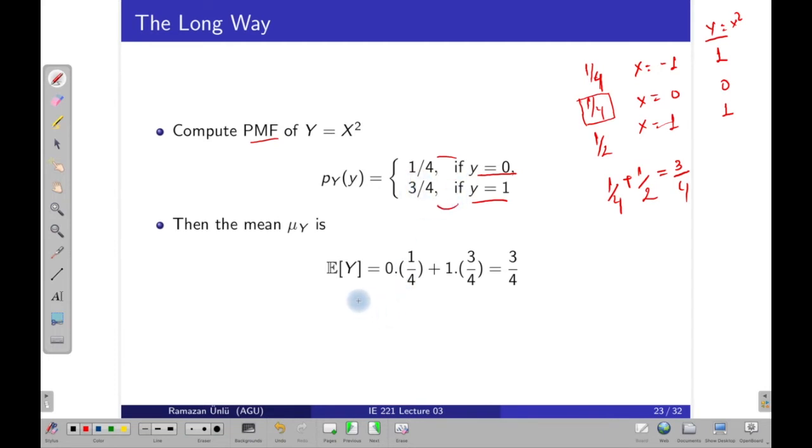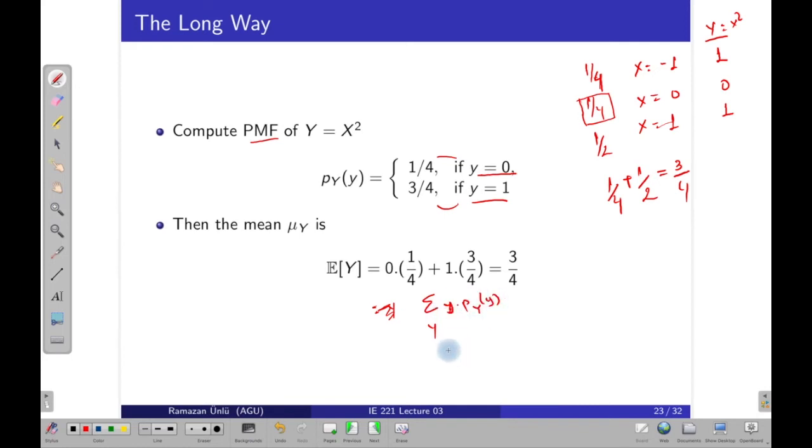And then I can calculate the expected value of y. How? Let me open this one, which is actually the sum of y times p of y, right?